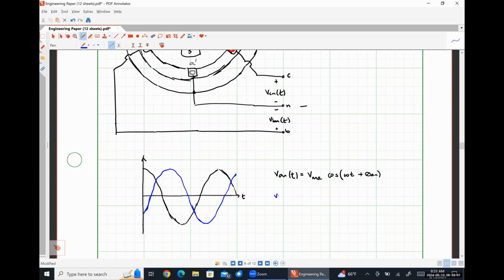And VBN of t is going to be some particular magnitude, so let's call it VMB cosine omega t plus whatever theta AN was, minus 120 degrees.